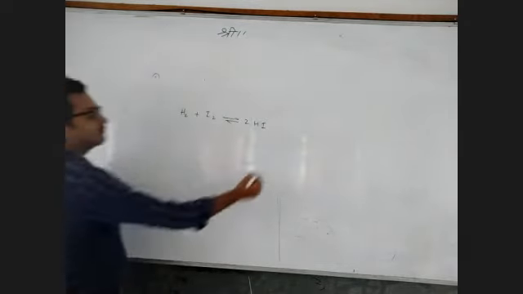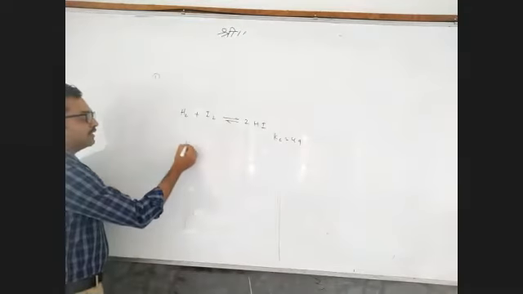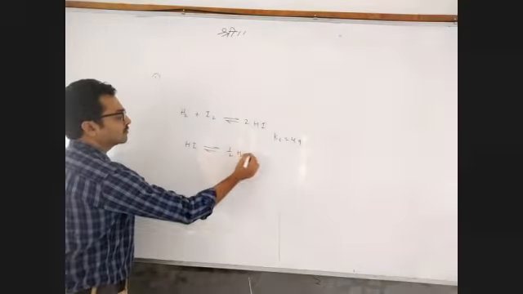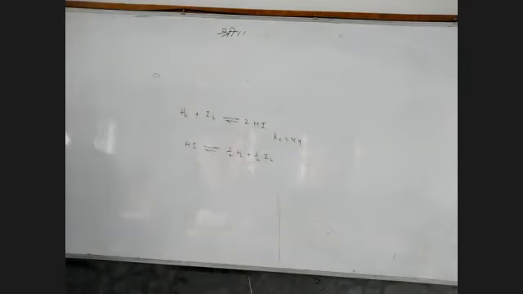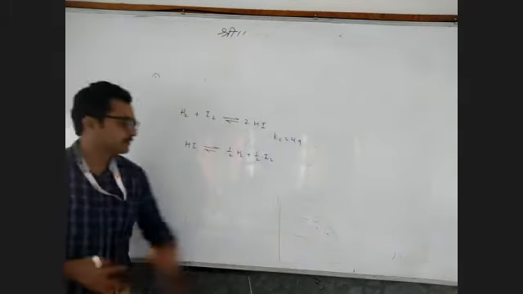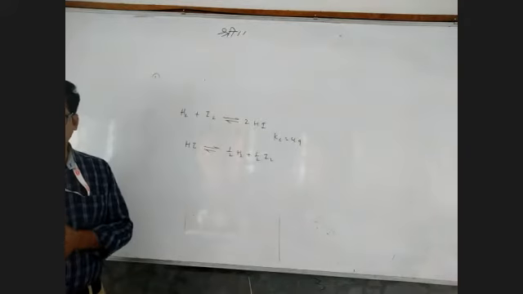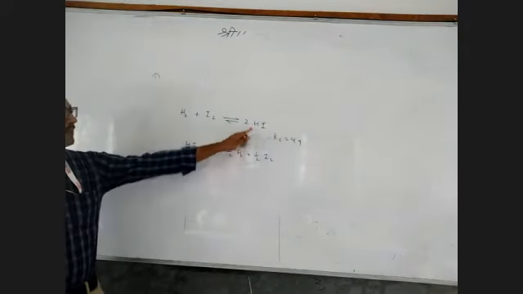Kc is 49. Now, what will be the equilibrium constant for this? That's very easy to do. All are gases. 1 upon 7, how much? 1 upon 7 is 0.11.